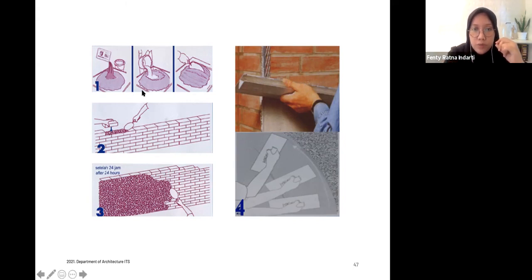And then after you create the mixture, you use it as a plaster. So you arrange the brick, and after 24 hours, after it dries, you put plaster on top of this surface. This helps you create a similar or flat surface for your wall.